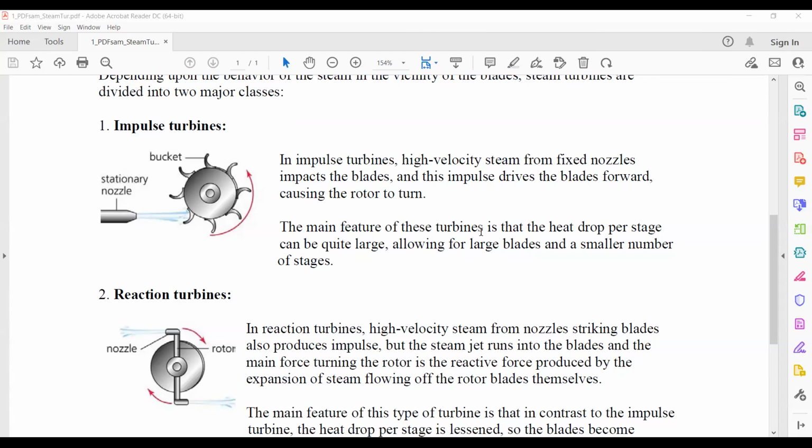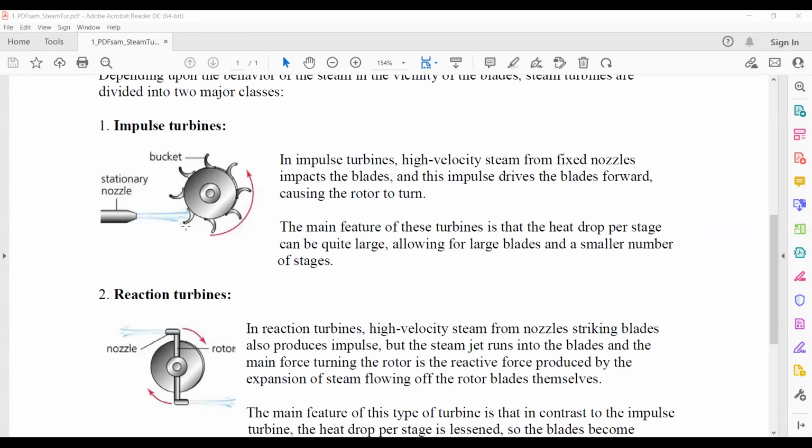The main feature of this turbine is that the heat drop per stage, as I have already told you there are different stages, high pressure stage, low pressure stage and so on, can be quite large, allowing for large blades and a smaller number of stages.